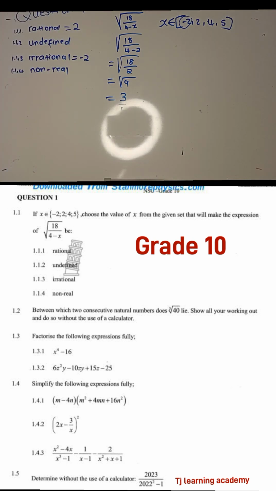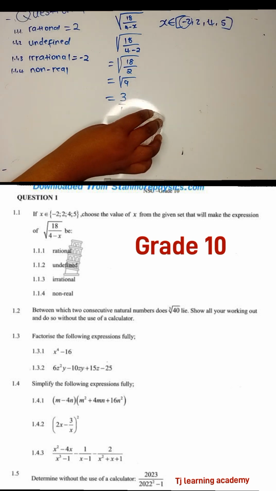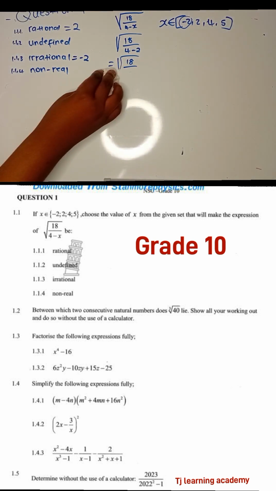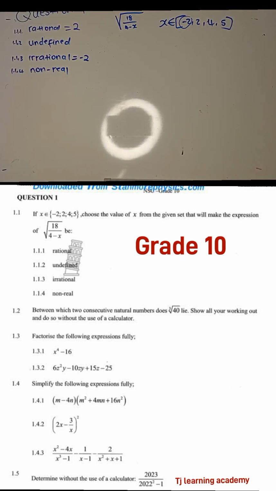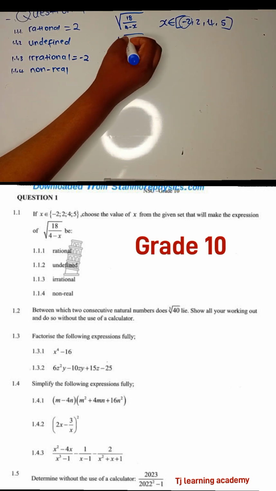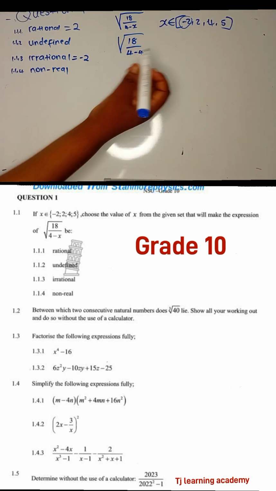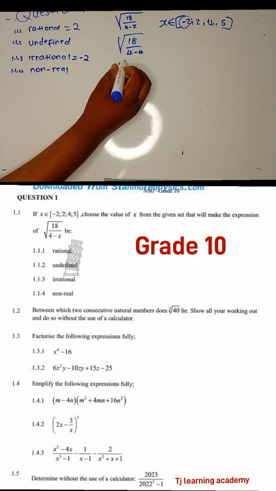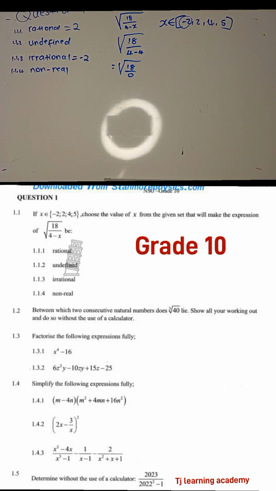So let's move to another element here. Now I'm going to substitute 4. Where there is x, I'm going to put 4. Square root of 18 divided by 4 minus 4, which is 18 over 0. This is a math error.